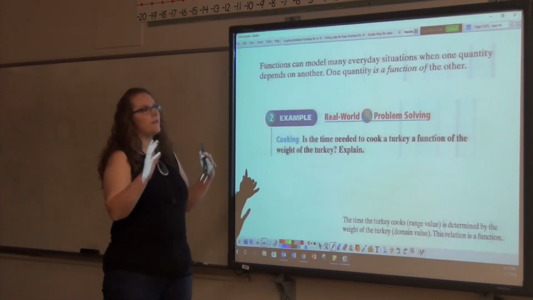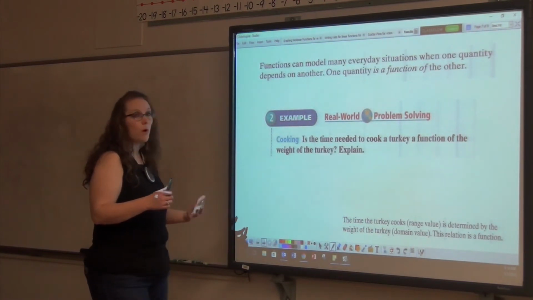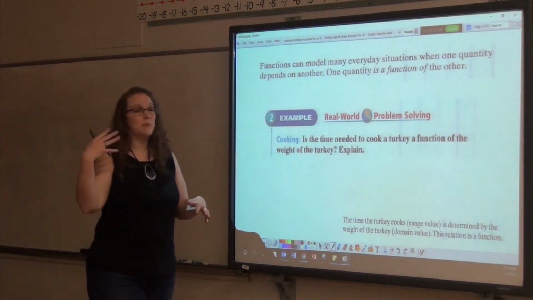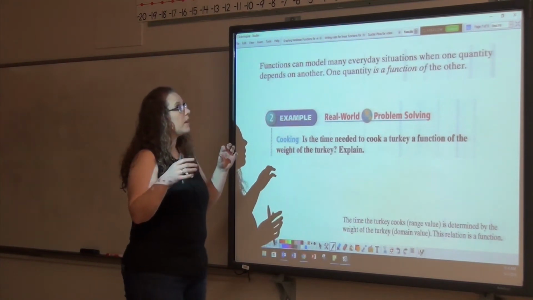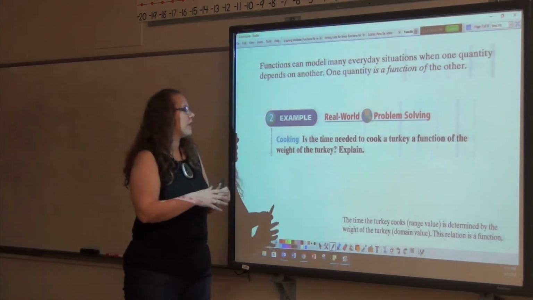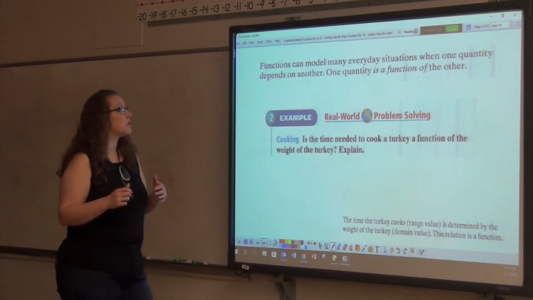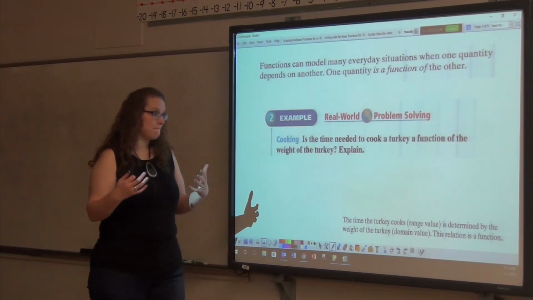All right, we can model everyday situations using functions where one quantity in the relationship depends on the other, or one quantity is a function of the other. So is the time needed to cook a turkey a function of the weight of the turkey?